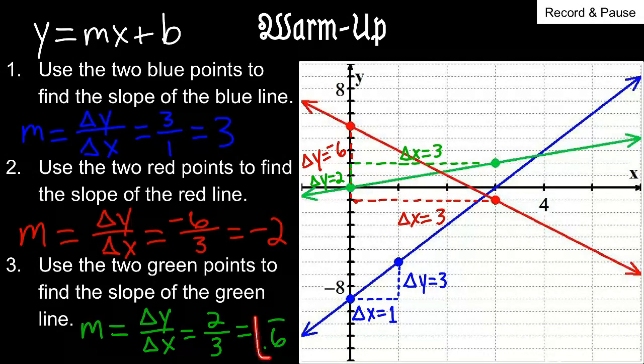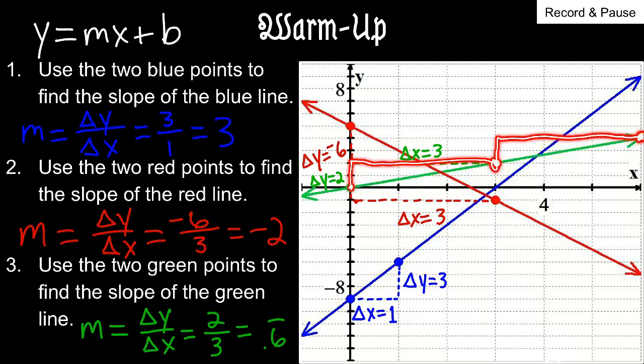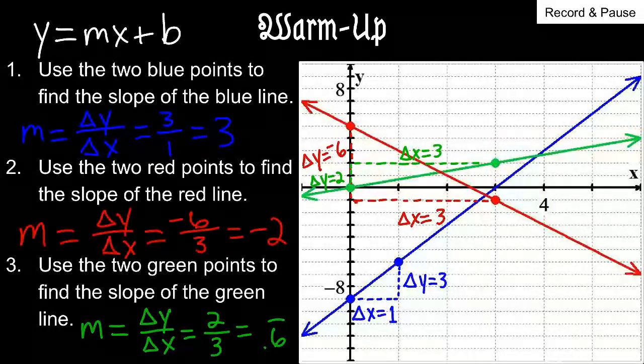However, 0.6 repeating is not as informative when it comes to the slope as 2 over 3 is, because 2 over 3 says go from this point up 2 to the right 3, and there will be another point. Up 2 to the right 3, and there will be another point. So the fraction really is useful when it comes to slopes.